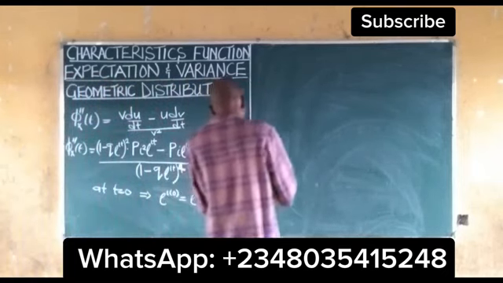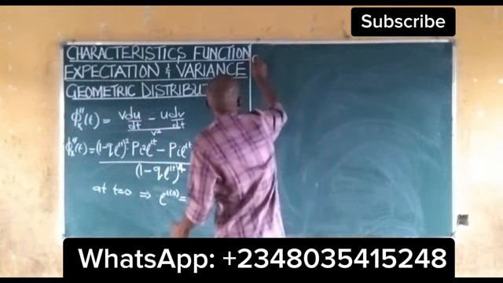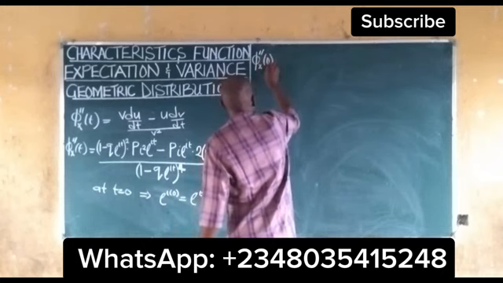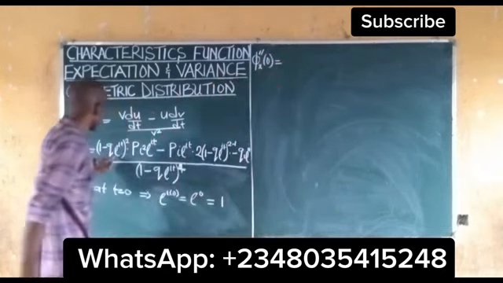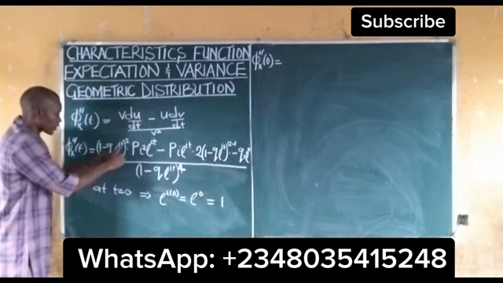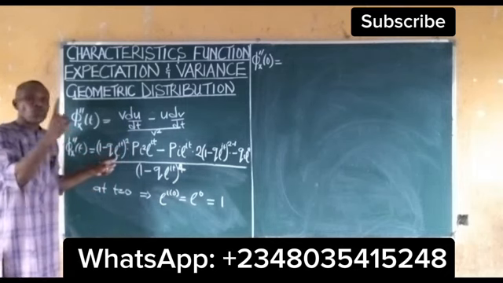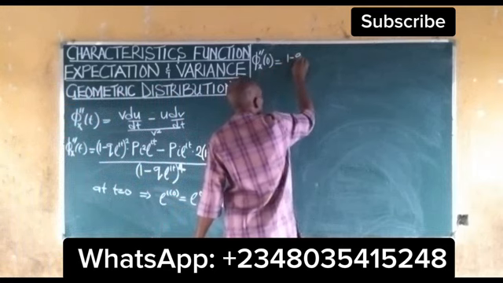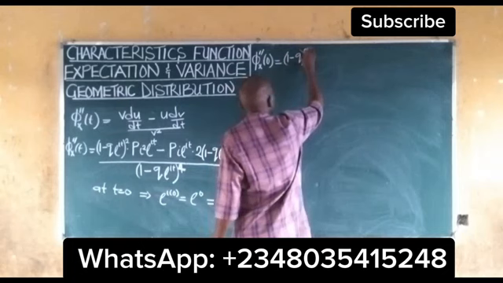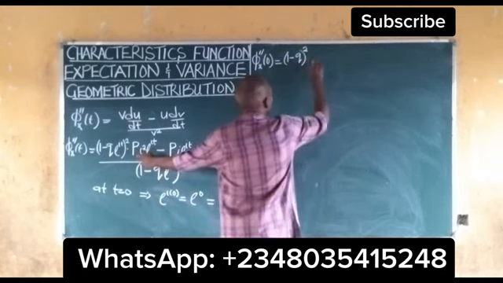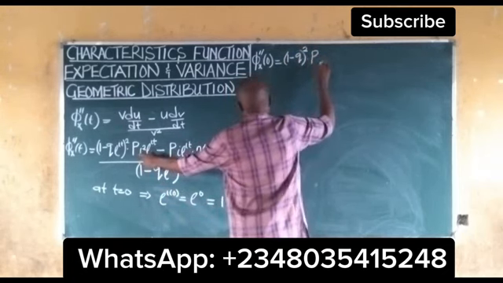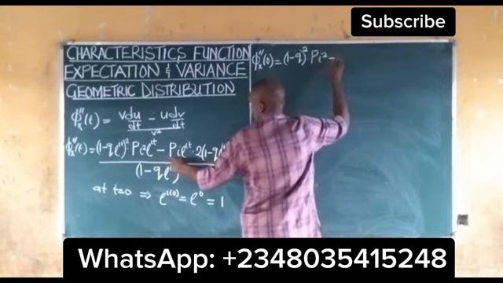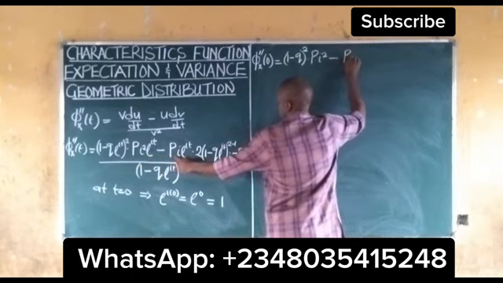So what we do here is that we write the characteristic function at t is equal to 0. At t is equal to 0, anywhere we see exponential i t, it becomes 1. So we have 1 minus q raised to the power of t multiplied by p i squared. This becomes 1 minus p i.